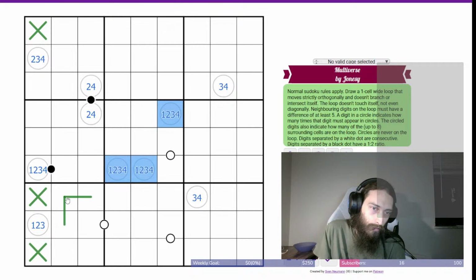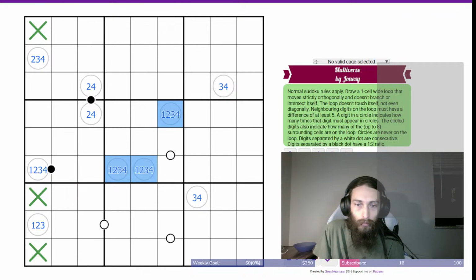And I guess that one could be. So this one could be a 1. And I guess that could be a 1 as well. So we could have 1 in either of these two.